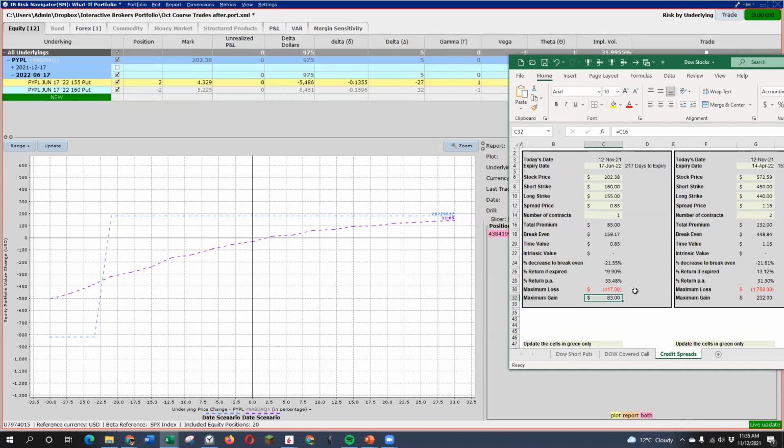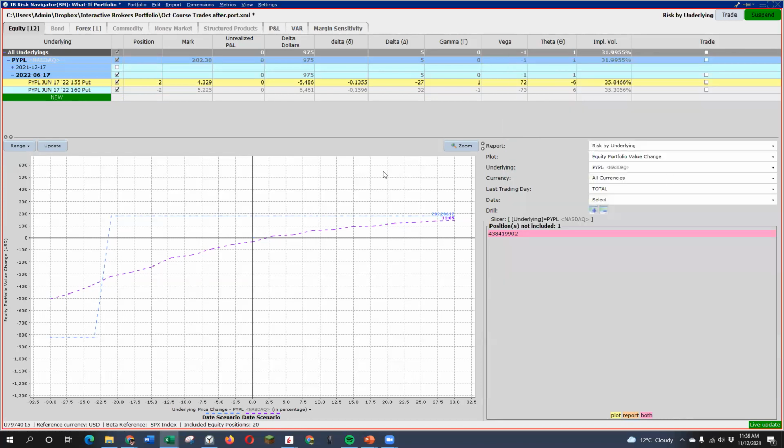Generating $83 in premium over 400 at risk. Oh, we're doing 2 contracts. So generating 166 over 834, 19, 20% return potential, which works out to about 33% annualized with a 20% margin for error on the downside. If I was bullish on PayPal or I thought it was going to not drop too much more, that's a trade I would consider.